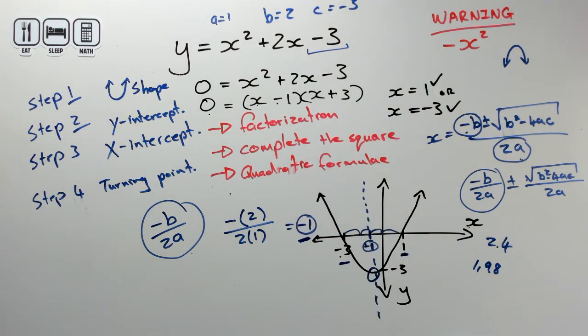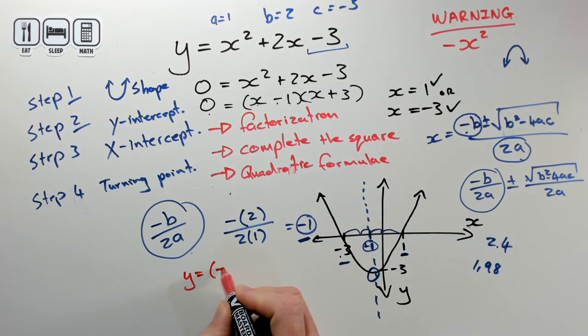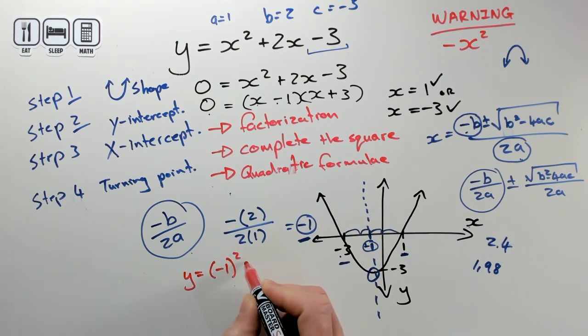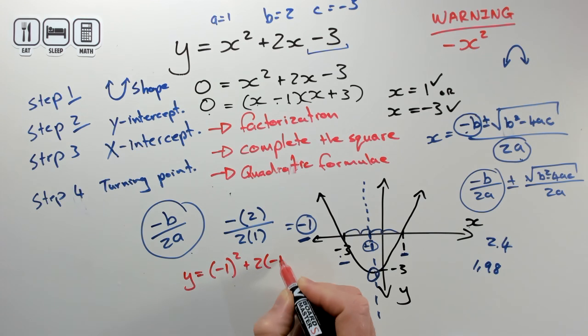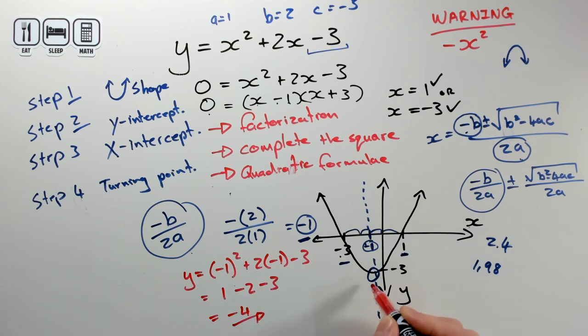So in order to find the actual turning point, I can say y is equal to negative 1 squared plus 2 times negative 1 minus 3, and that would be 1, that would be negative 2, and that would be negative 3. So it would be negative 5 plus 1, which would be negative 4. So that point over there is going to be negative 1 and negative 4.